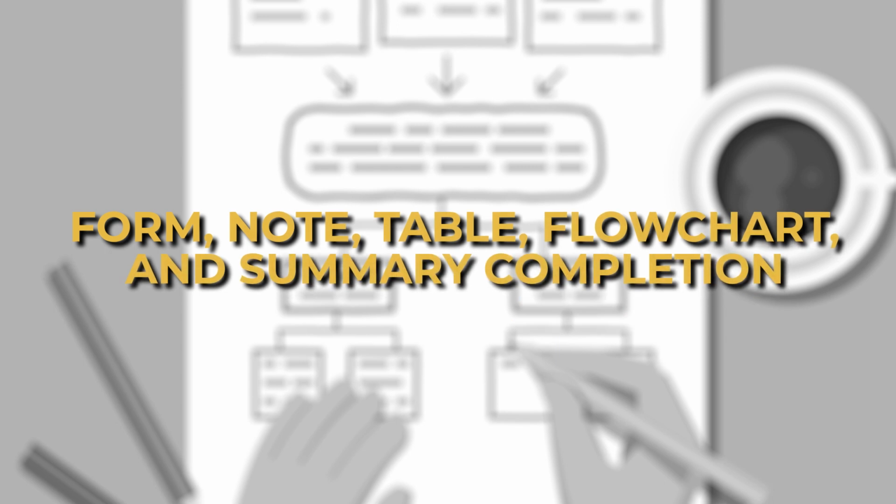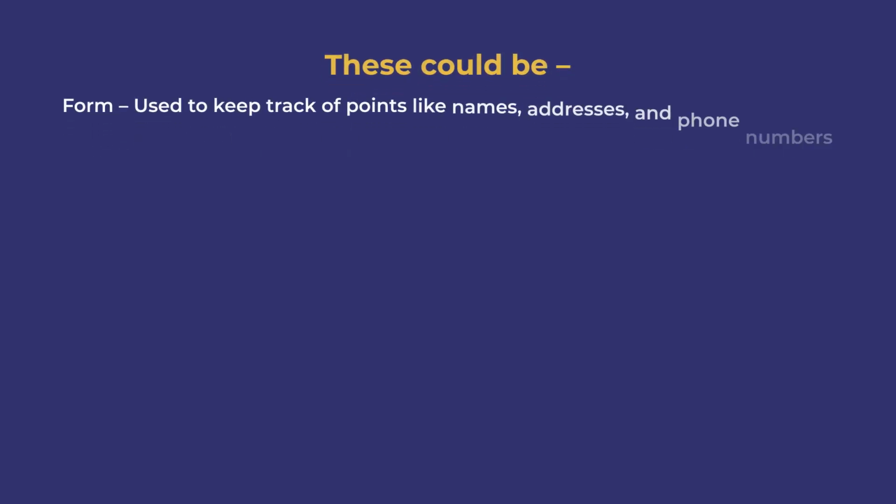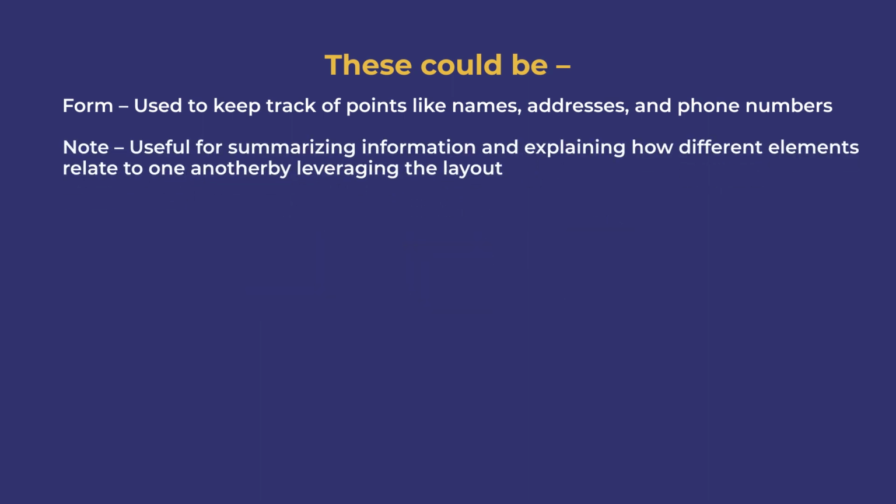Form, note, table, flowchart, and summary completion. In this completion activity, you must fill in the gaps in an outline of some or all of the listening text. The primary ideas and facts in the text will be the focus. This could be a form, used to keep track of points like names, addresses, and phone numbers. Note, useful for summarizing information and explaining how different elements relate to one another by leveraging the layout.